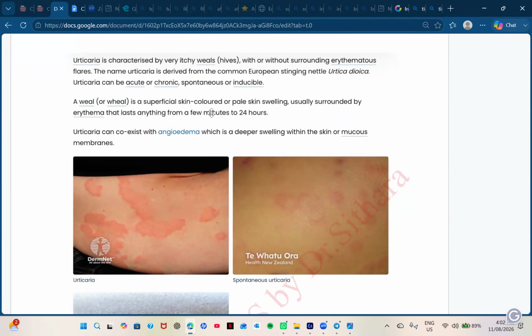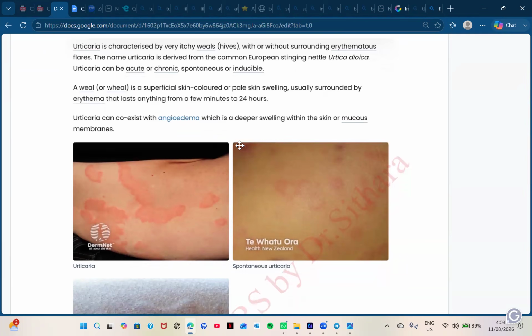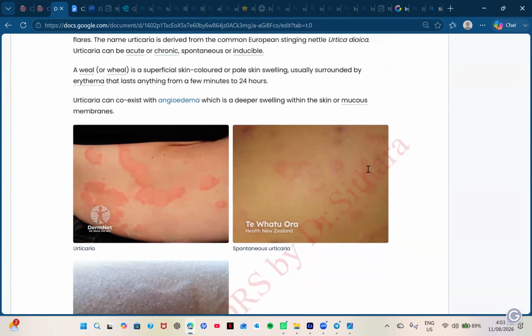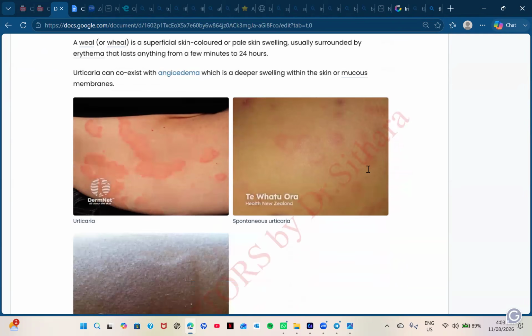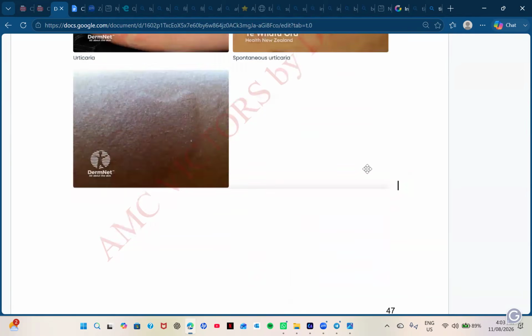Urticaria can be acute or chronic, spontaneous or inducible. A wheal is a superficial skin swelling, pale, usually surrounded by erythema, that lasts from a few minutes to 24 hours. Urticaria can coexist with angioedema, which can deposit within the skin or mucous membrane.